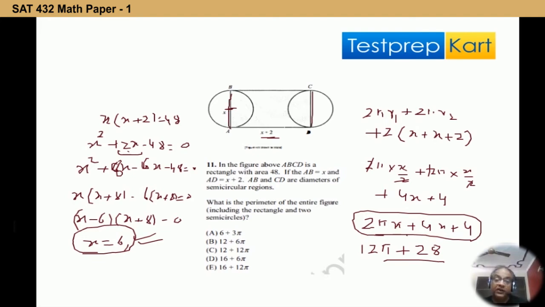Okay, so let's subtract 6 plus 6, 12, and that gives me 12 pi plus 16. So we have taken this circle, there's a circumference. This circle also circumference, BC and AD, and total will be actually 12 pi plus 16, and that's not correct.